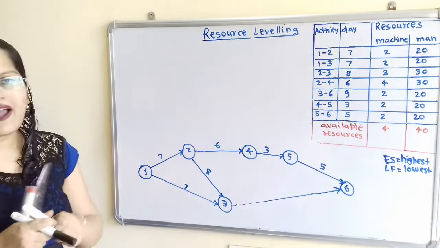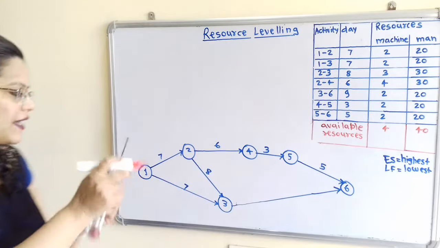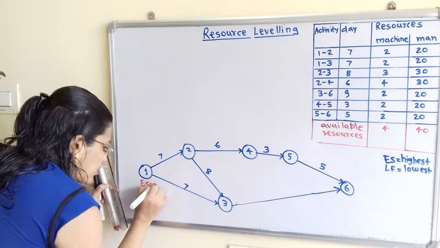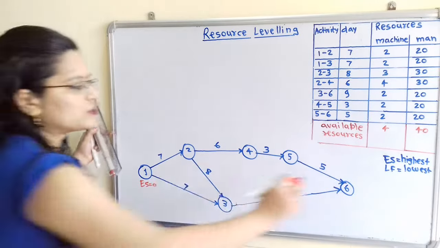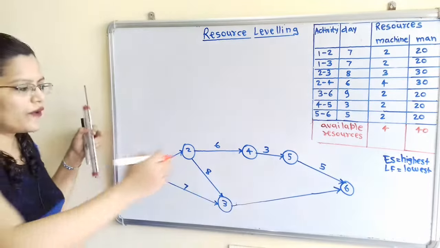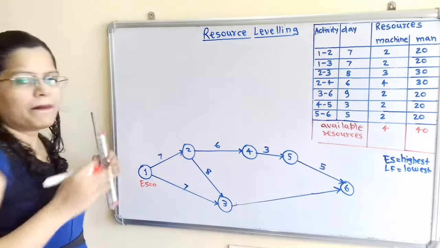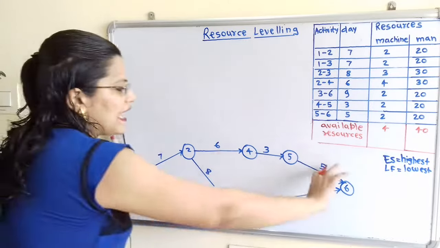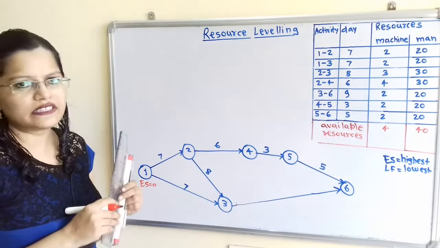First we calculate the earliest start time: at node 1, ES is equal to 0, and LF should also equal 0. When we calculate on the backward side and LF is equal to 0, then whatever calculations are done are correct.